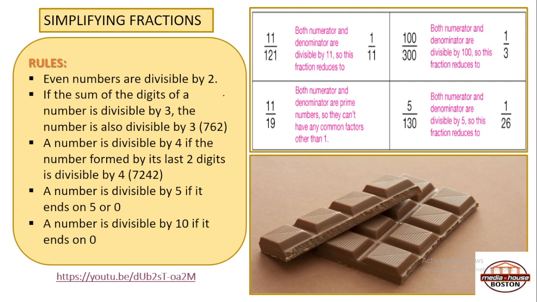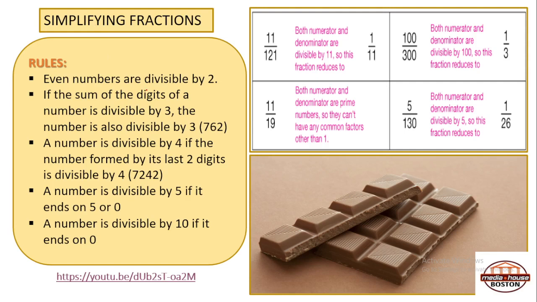Are the numerator and the denominator divisible by 2? If yes, you can divide both the numerator and the denominator by 2, or multiply the numerator by 2 and the denominator by 2 to get an equivalent fraction, which is going to be either bigger or smaller, because now we're simplifying.